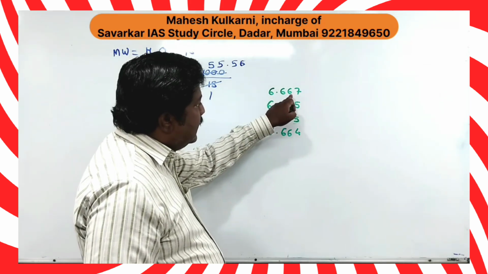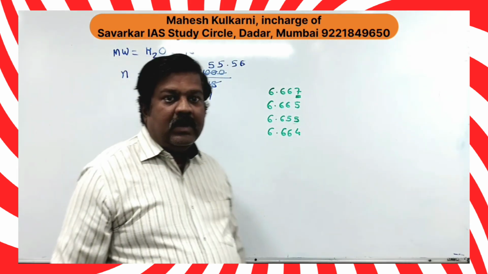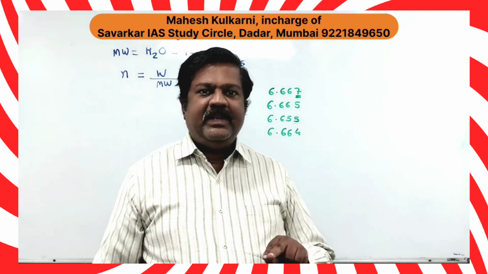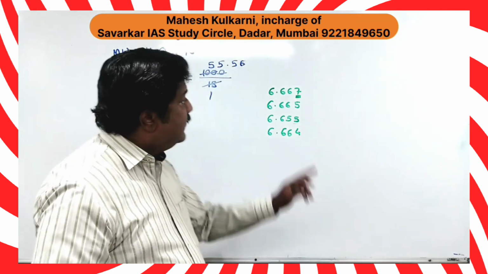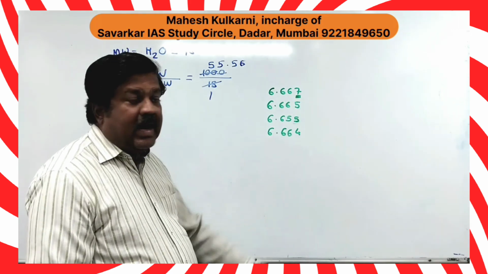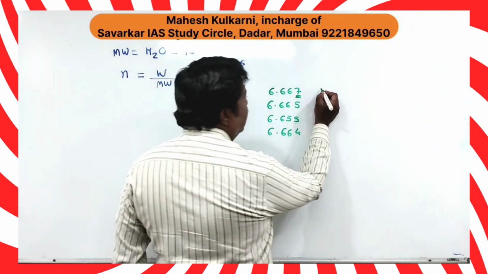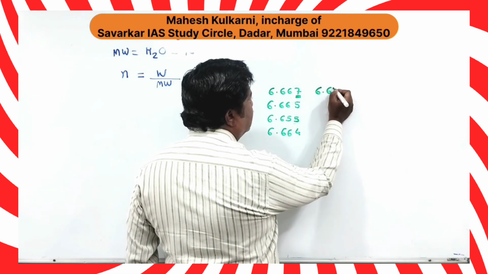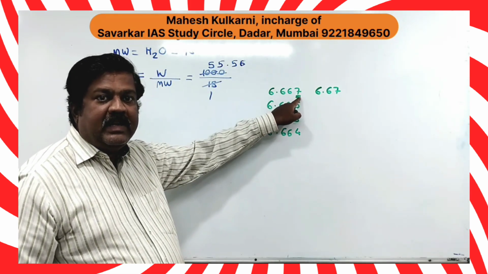So here, as I have to round up the last digit, we have to check whether the last digit is greater than 5 or less than 5. As this digit is greater than 5, I have to add 1 to the previous digit. So this can be rounded up as 6.6 and 7, because the last digit is greater than 5.